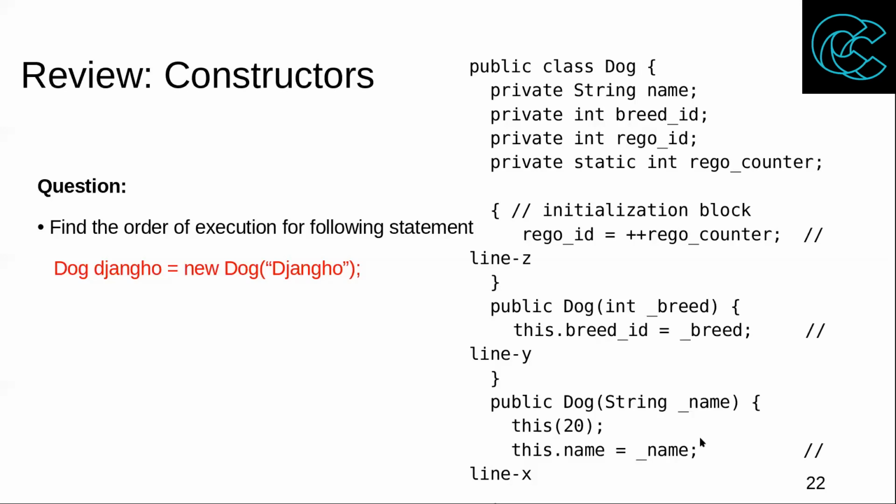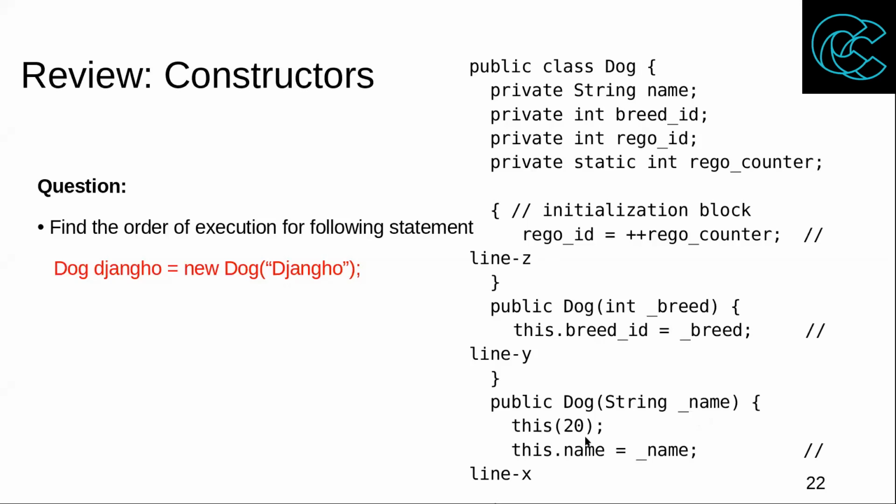Is that clear? Yes. So sorry, in this particular case, you are passing a string. So this constructor would not be called. The order of execution would be first the initialization block, then this particular constructor would be called because you are passing a string, and this is the constructor that corresponds to the string argument.